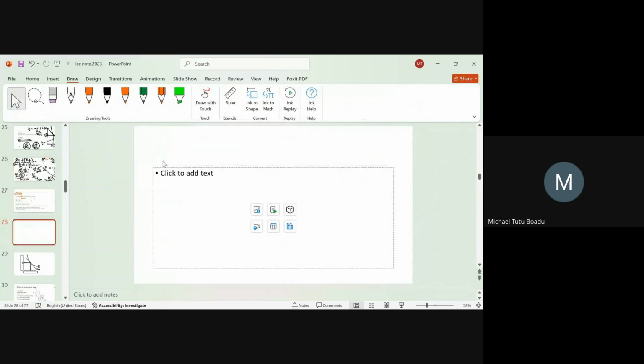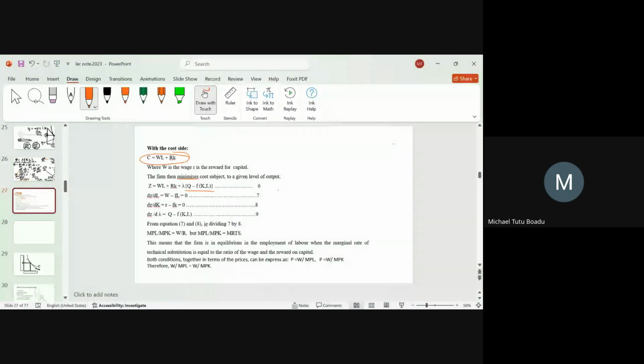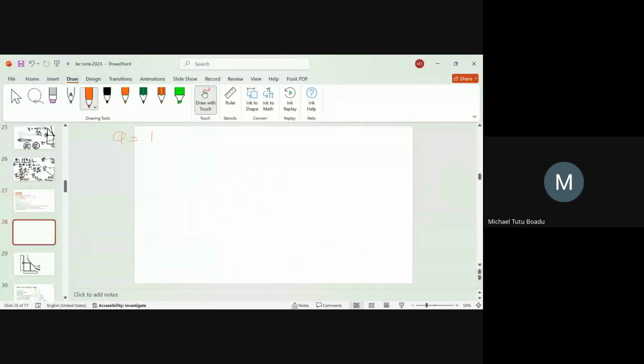What we are doing is to determine the level of K and L that will minimize cost for a given Q. Q is a function of K and L, while the cost is WL, which is the cost of labor, plus RK, which is the cost of capital.